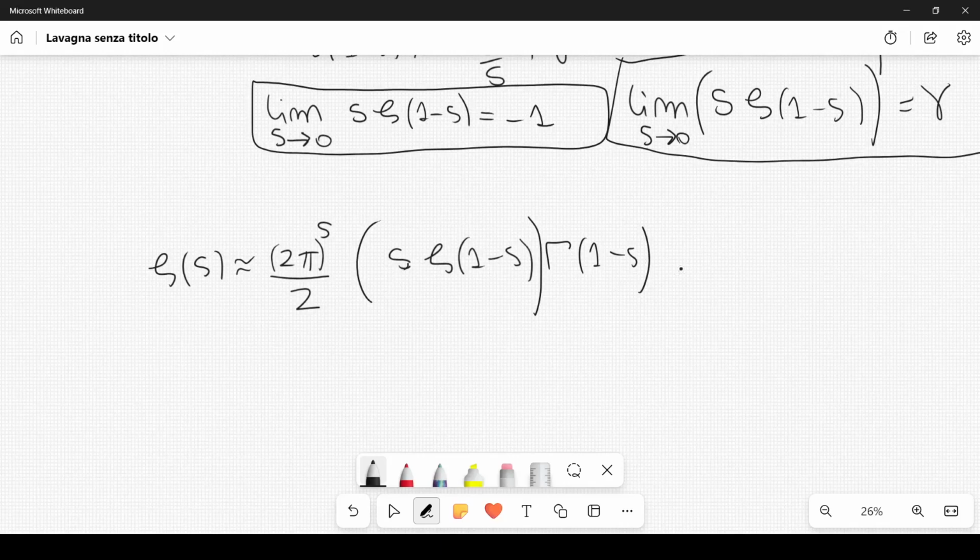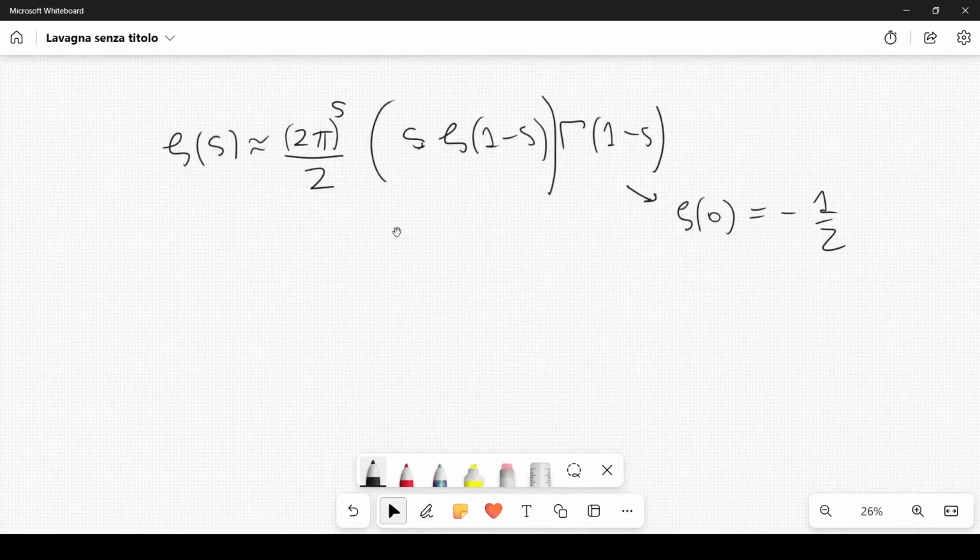You can see that when s approaches 0, zeta of 0 is equal to minus 1 half. You can see that because gamma of 1 will be just 1, and then this quantity, when you let s go to 0, will give minus 1. Of course, this 2 pi to the s will go to 1 because we have 2 pi to the 0, and then you are left with this 2 in the denominator, therefore zeta of 0 will be minus 1 half.